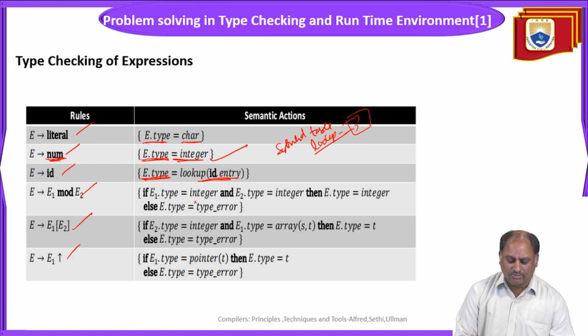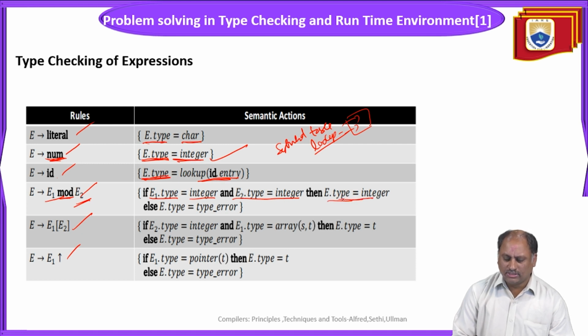Like that, here for mod integer also, both expression 1 and expression 2 are to be verified at the beginning as being of integer type. So here the verification is e1 dot type integer, and the second expression is of type integer, and then after performing the operation mod, the type of the result should also be integer or not.